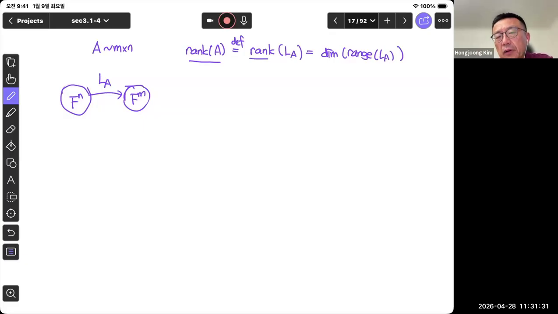And the rank of a linear transformation was defined by the dimension of the range of this mapping.